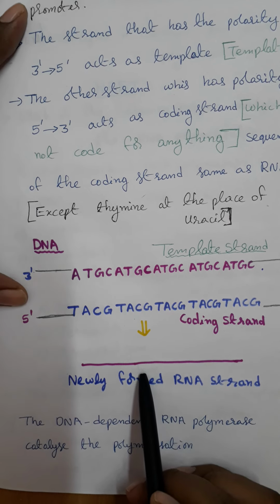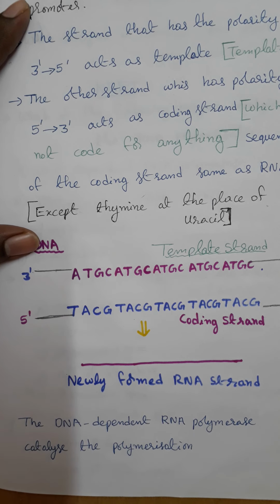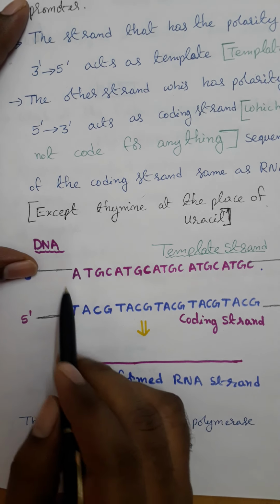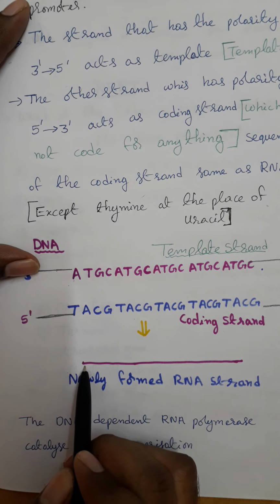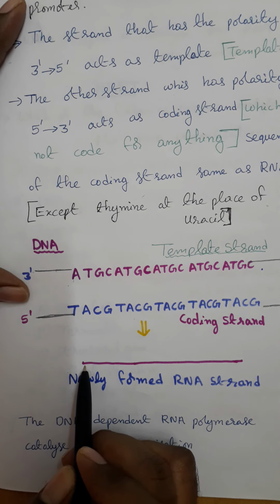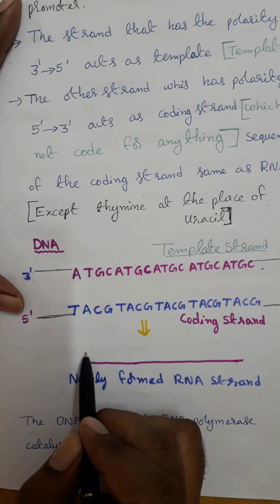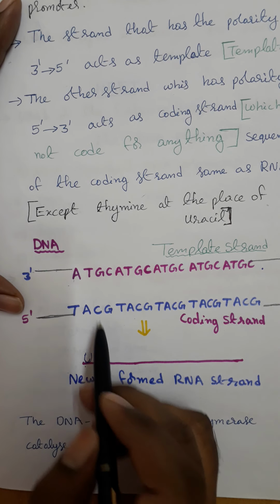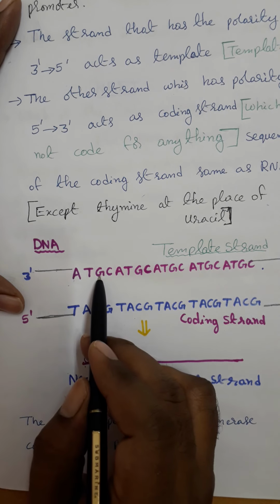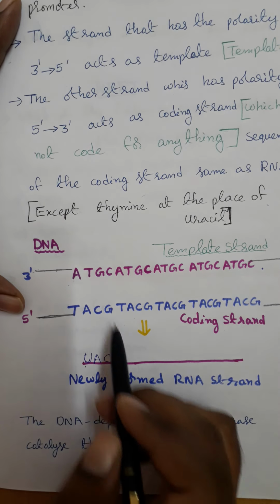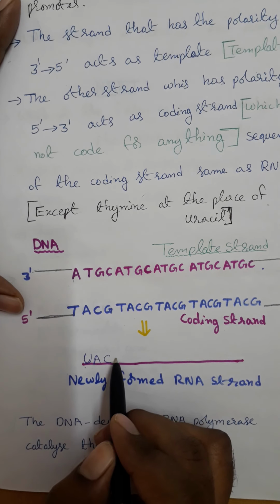Here, in the newly synthesized RNA strand, opposite adenine, which nitrogen base is formed? Uracil. Opposite thymine, adenine. Opposite guanine, cytosine. Opposite cytosine, guanine.